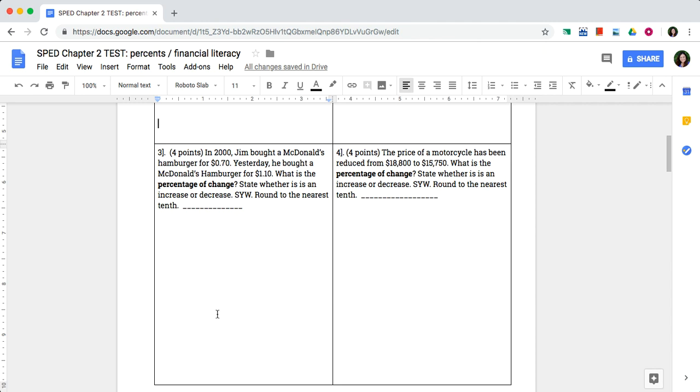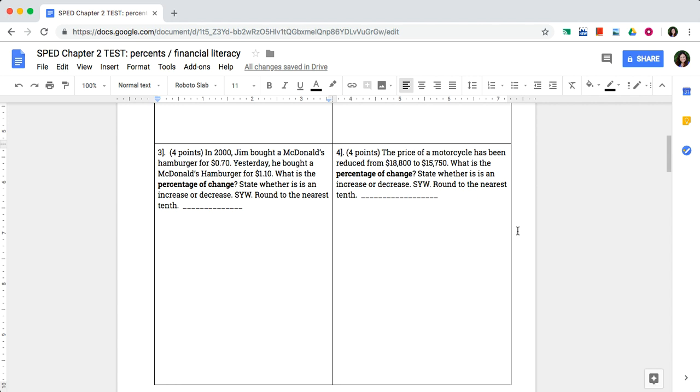Okay, so you're going to show your work down here, show the percent of change. Once you've shown the percent of change, you're going to say up here whether it is an increase or a decrease. Show your work, which I already said, and round to the nearest tenth.